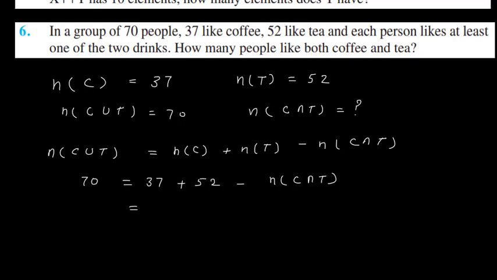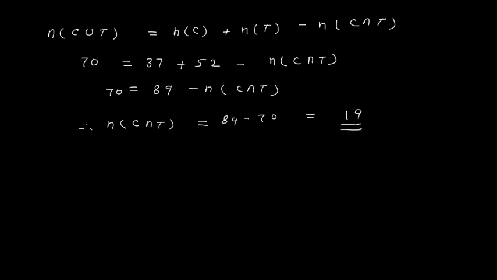So 7 plus 2 is 9, 5 plus 3 is 8, 89 minus n of C intersection T, and here it is 70. So therefore n of C intersection T is 89 minus 70. So 9 minus 0 is 9, 8 minus 7 is 1, 19. So n of C intersection T is equal to 19.